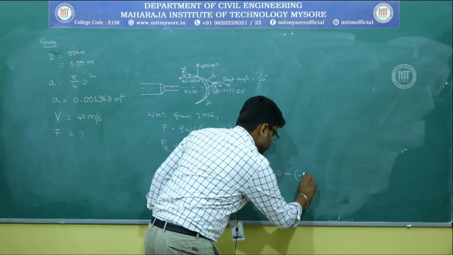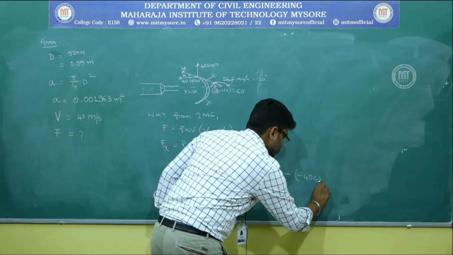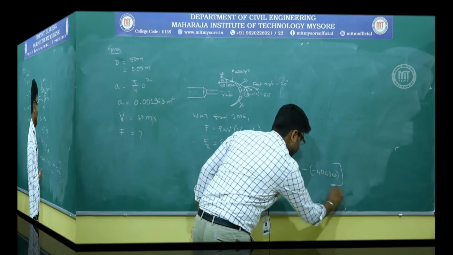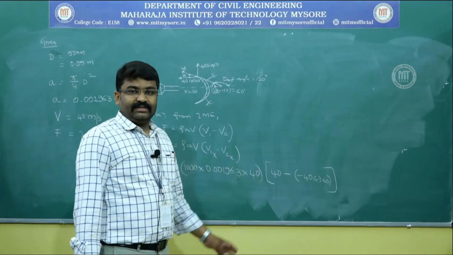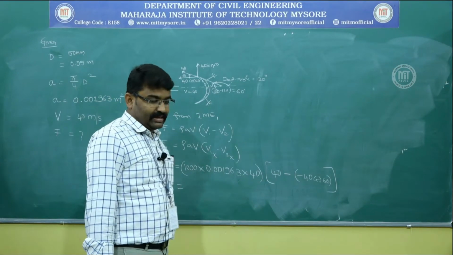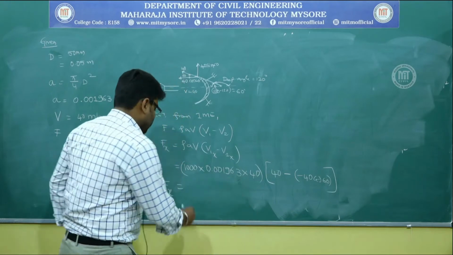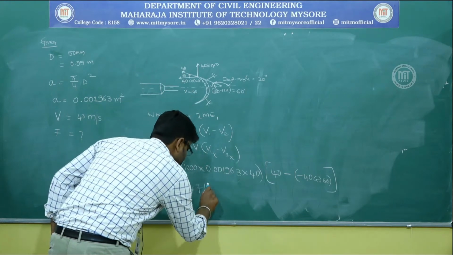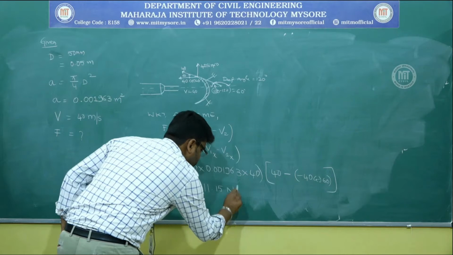So this comes out to be minus 40 cos 60. On simplification, the answer for force in x direction, you will get it as 4711.15 Newton.